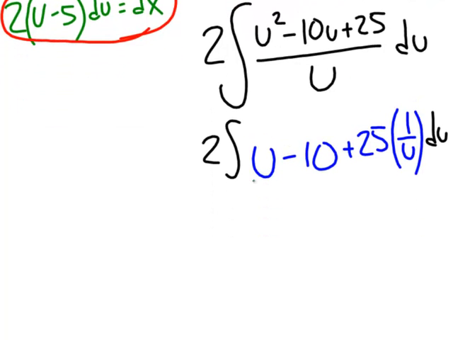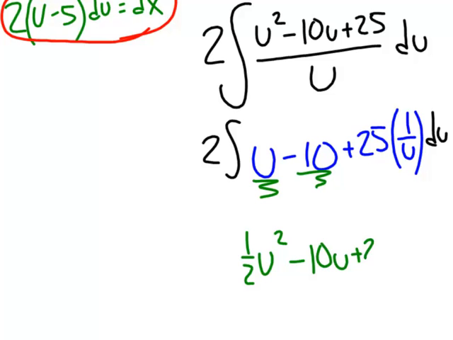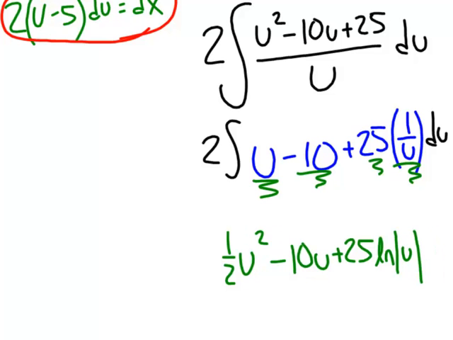So we keep going. Let's see, the antiderivative of u is going to be 1/2 u squared. Antiderivative of 10, or minus 10, is going to be minus 10u. Plus 25, the antiderivative of 1 over u is going to be ln, absolute value of u. That's all being multiplied by 2, and we've got a plus c at the end since we've just antiderived.